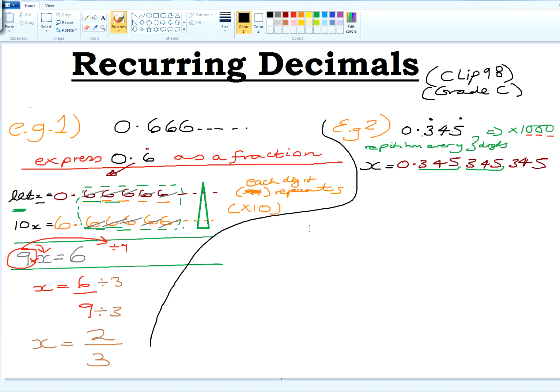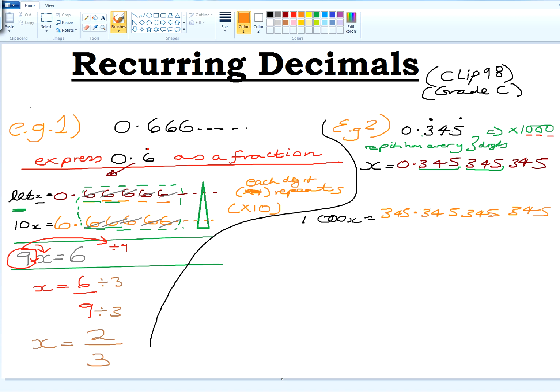Okay, I'll write over here. If I multiply this number by 1000, what do we get? We will now get 345, and then the decimal point, and then 345, 345, 345.